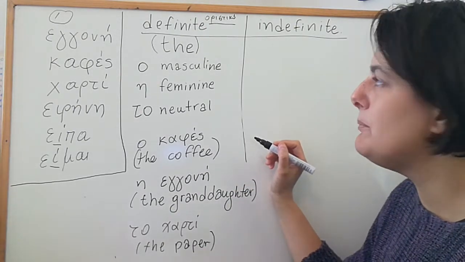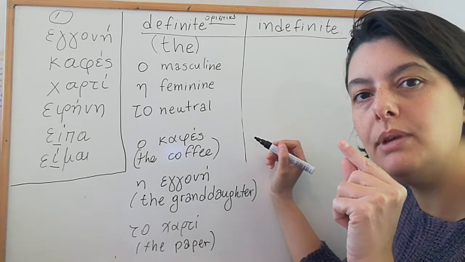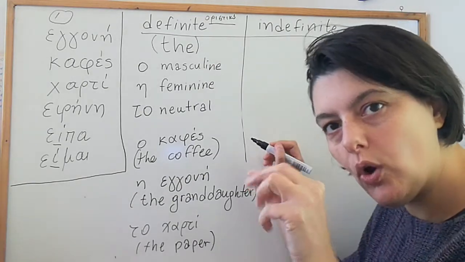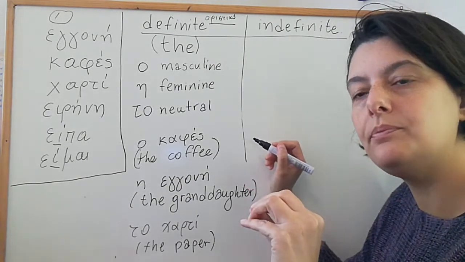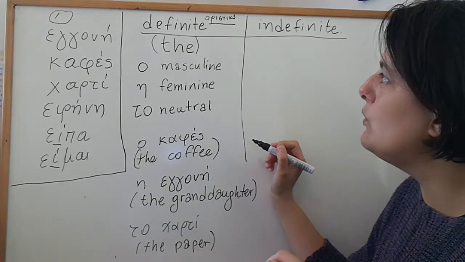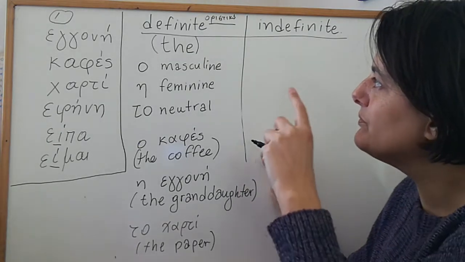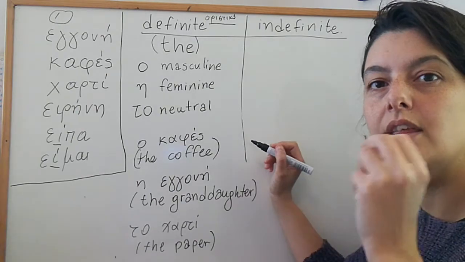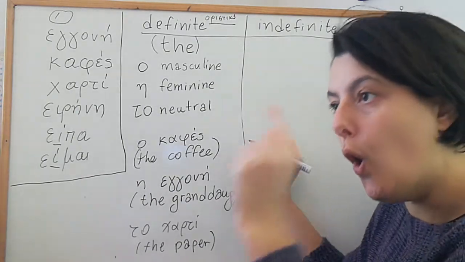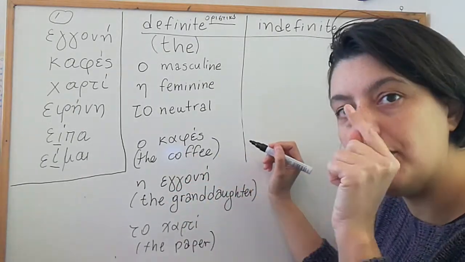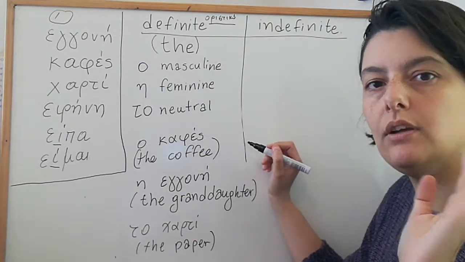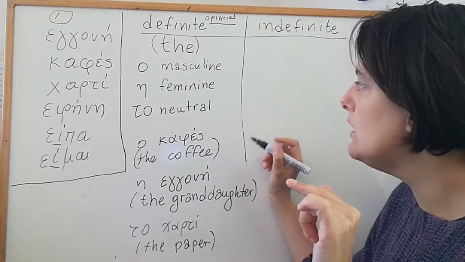Okay, because it shows. Ορίζω means I show, I tell you what this is. So, definite articles, they show which one. Ο καφές, this coffee, the coffee, not any coffee, this particular coffee.